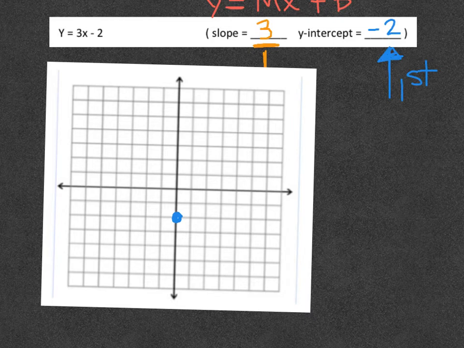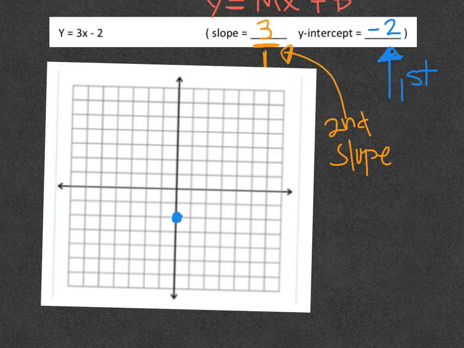After I place my y-intercept dot, I need to come over here and look at my slope. My slope was 3. Positive 3 over 1. When you look at that, if it's positive, I'm getting ready to do my slope now. The second thing is do your slope. It says 3 over 1.